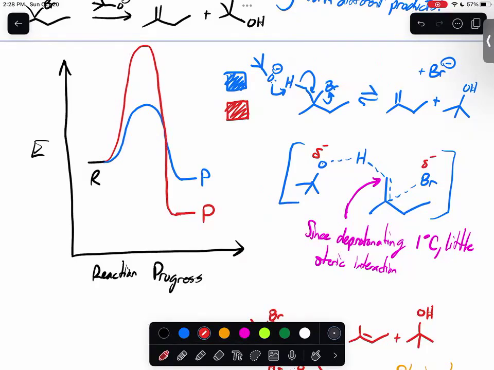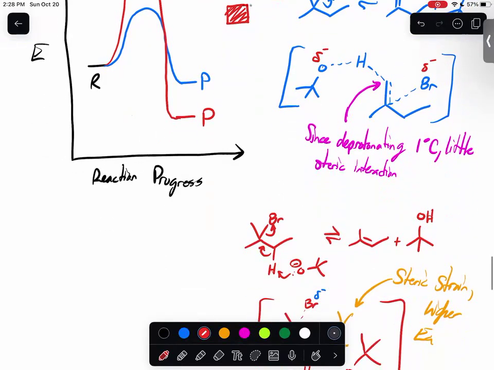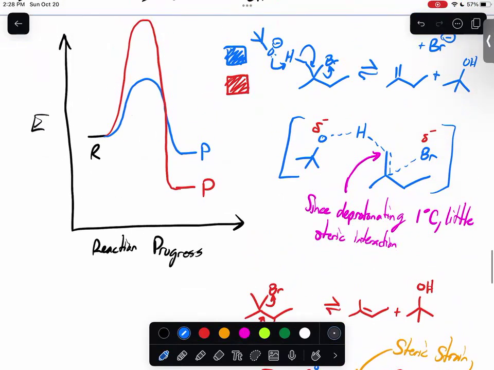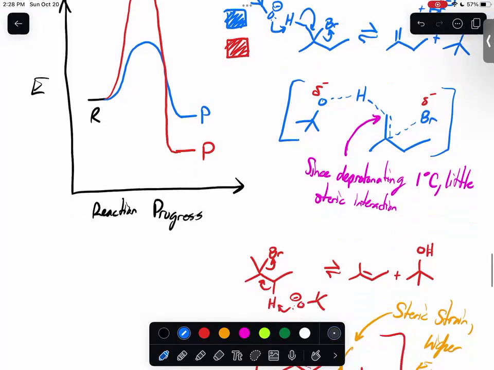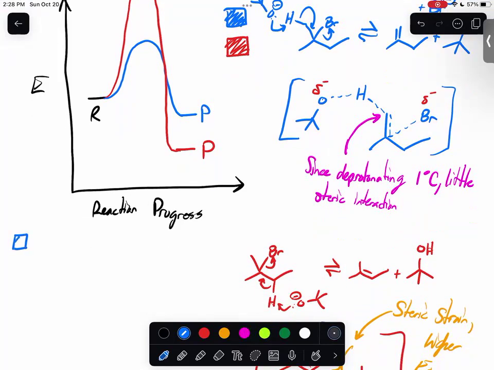So we would say that in terms of these two reactions, the blue one happens faster because it's more favorable by activation energy. So we would say that the blue reaction is favored kinetically, right, due to its low activation energy.